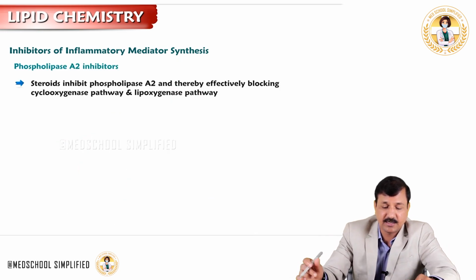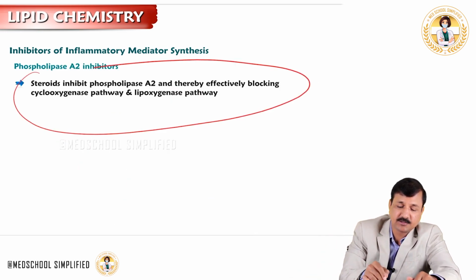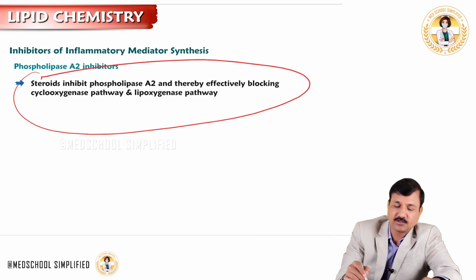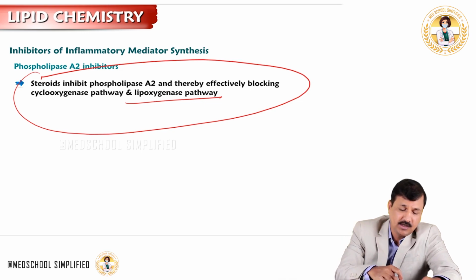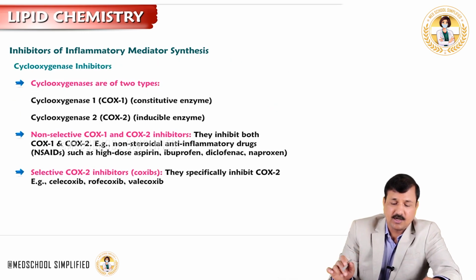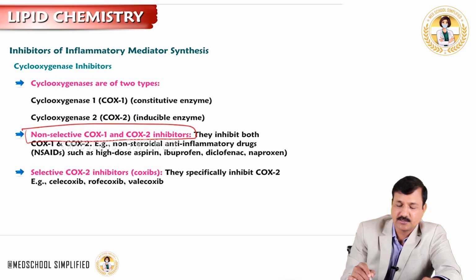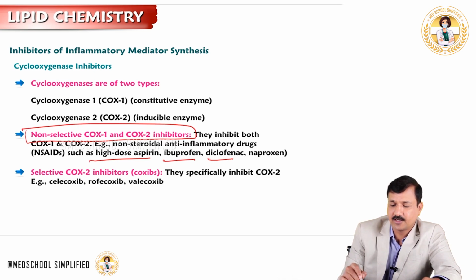So remember that. The steroid part I have already explained to you. Steroids inhibit phospholipase A2 and thereby effectively block the cyclooxygenase pathway and lipoxygenase pathway and control inflammation. And for the COX inhibitors, there are two types. We have cyclooxygenase 1 and cyclooxygenase 2. The non-selective COX-1 and COX-2 inhibitors are usually high-dose aspirin, ibuprofen, diclofenac, naproxen.